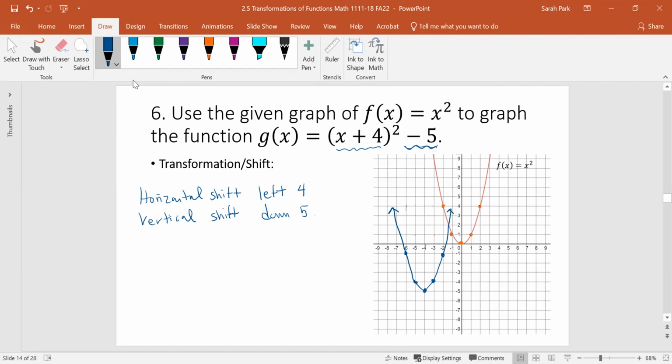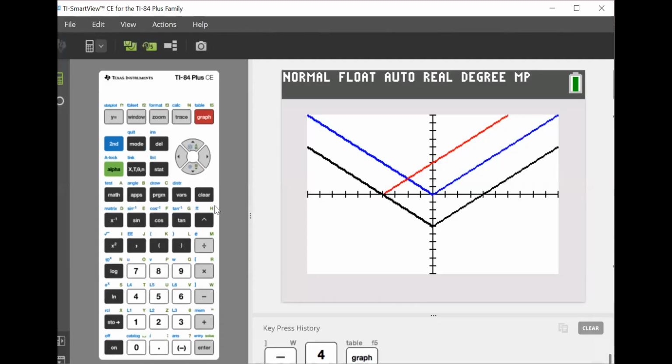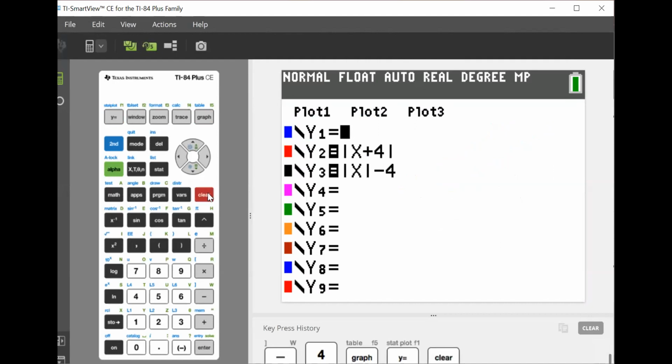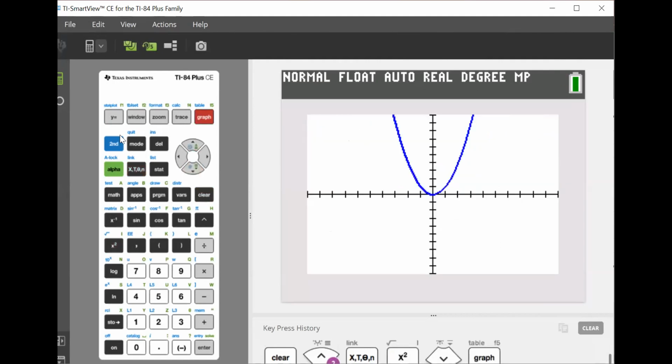This one you can graph if you wanted to compare, because we're working with an actual function, right? A common graph, the x squared. So let's just do that for practice. Okay, so let's clear everything out and do x squared. It's a basic function. If we were to graph it, there's the basic one.